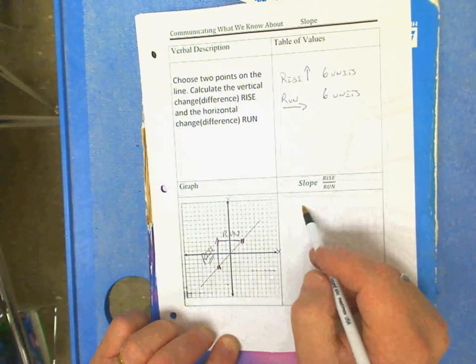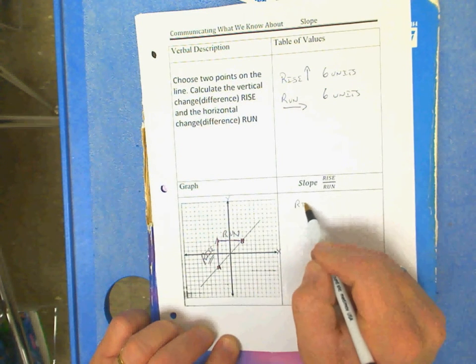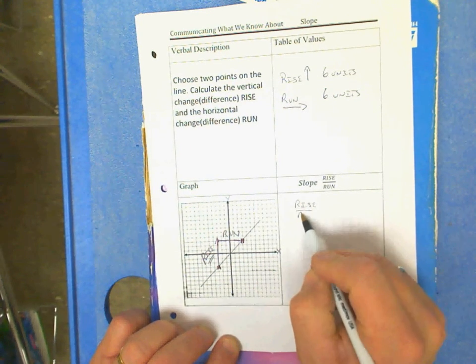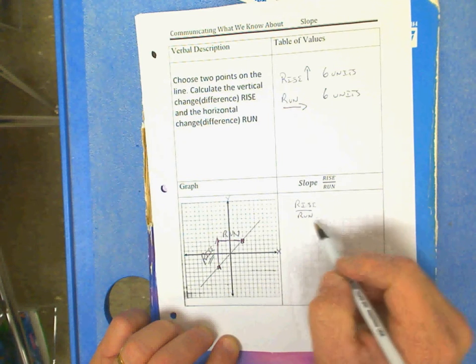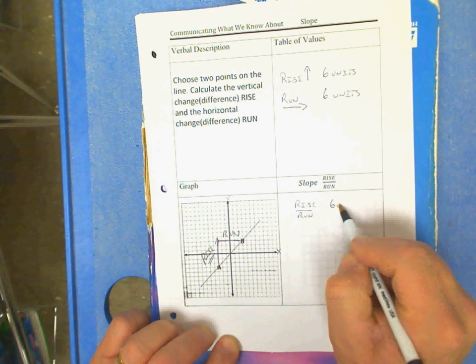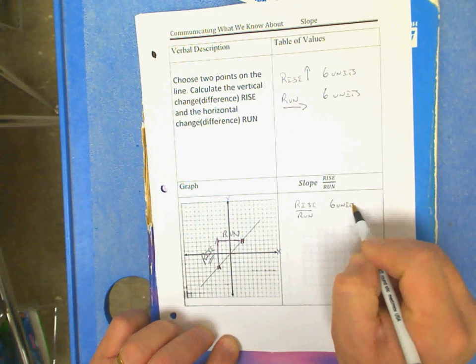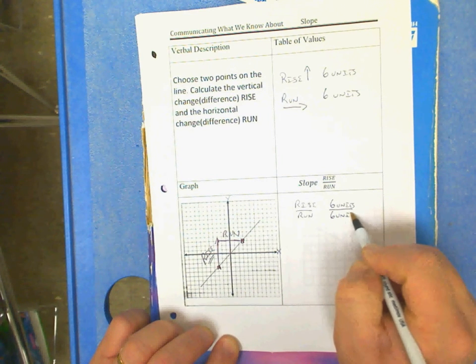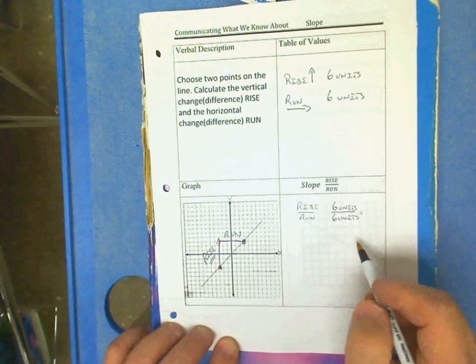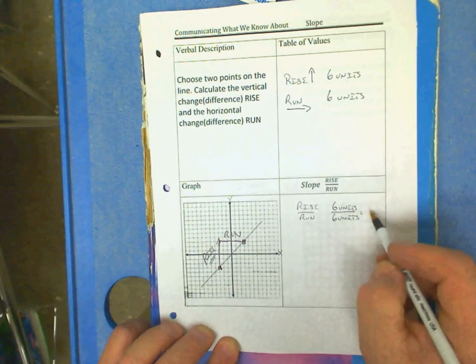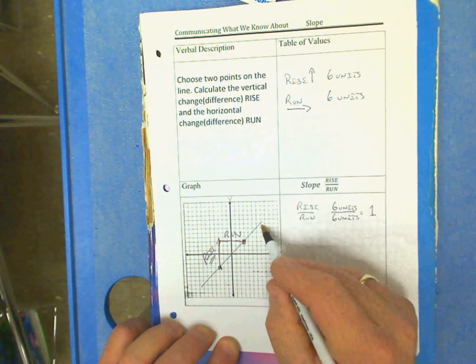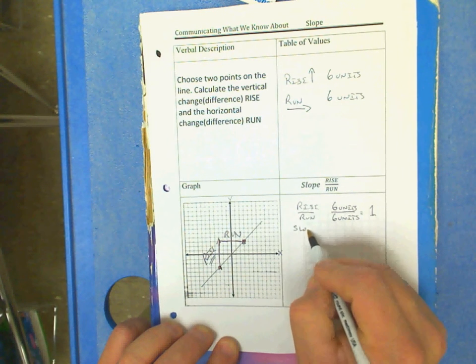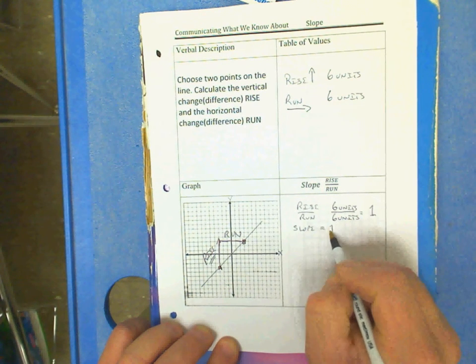So if the slope is the rise over the run, our rise is 6 units over 6 units. And if we have 6 over 6, what does that reduce down to? Daniel? 1. So our slope of this line equals 1.